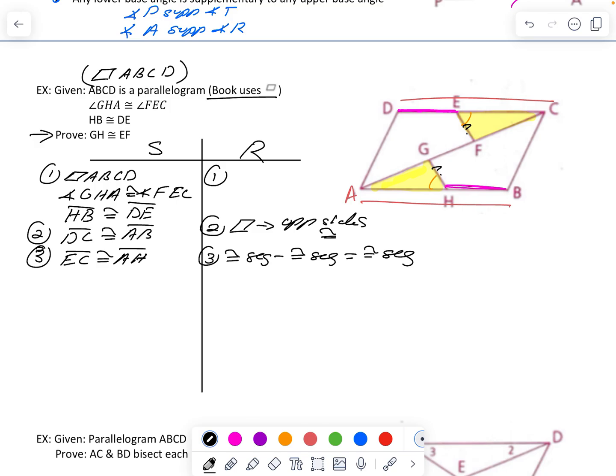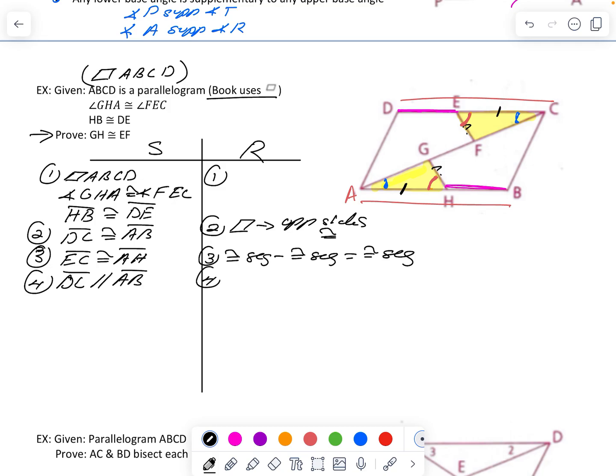All right, so let me mark those. We got those sides. I'll mark them a little darker now since I colored it in. We have these angles that we were given. So we need something else. Well, if we have parallel sides, these two angles here would be alternate interior. So that's what we're going to do next. Before we can say that, though, we have to say that DC is parallel to AB.